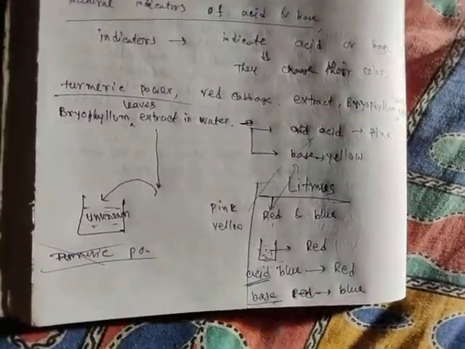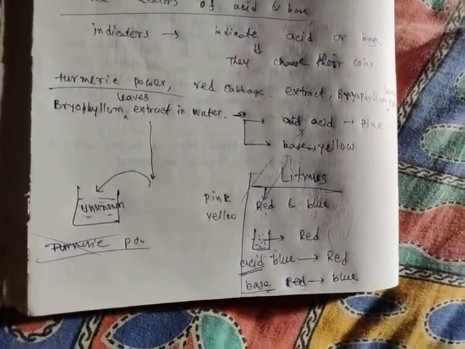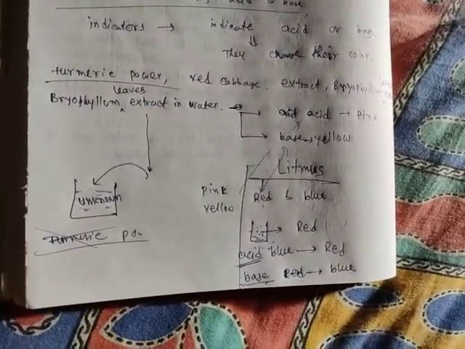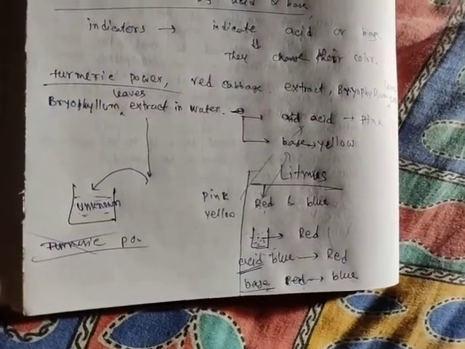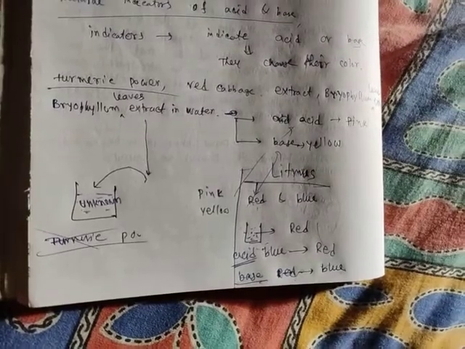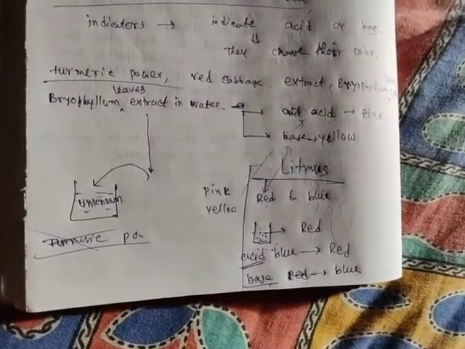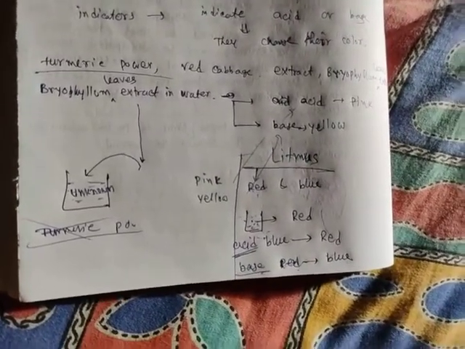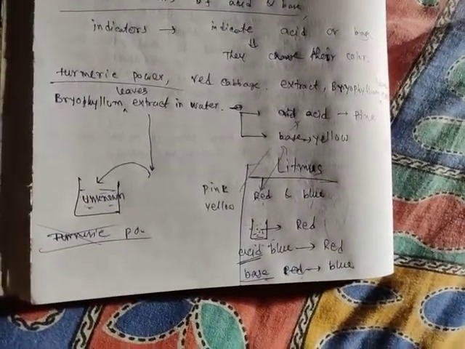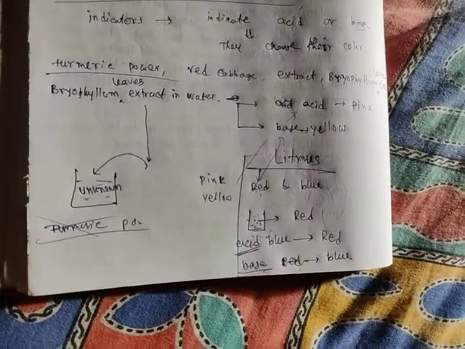Then I can check it with the help of blue litmus paper. Blue litmus paper in acid changes into red. So with the help of indicators, we can say whether the given unknown liquid is acid or base.